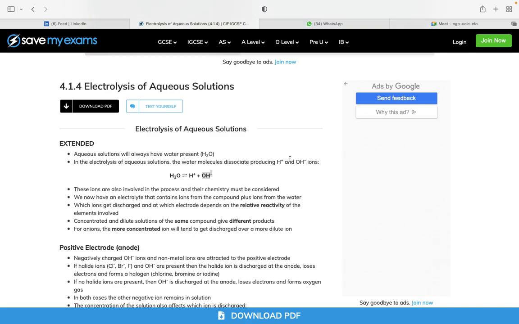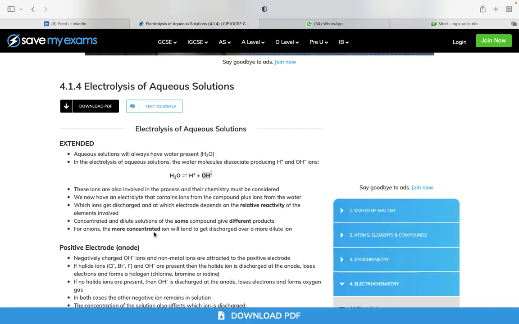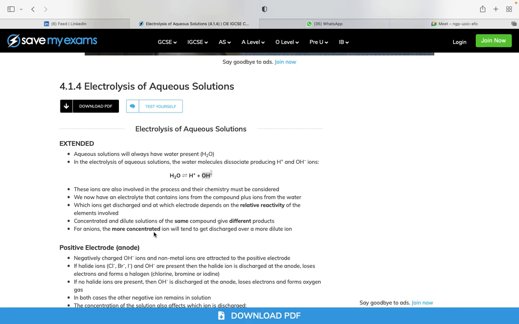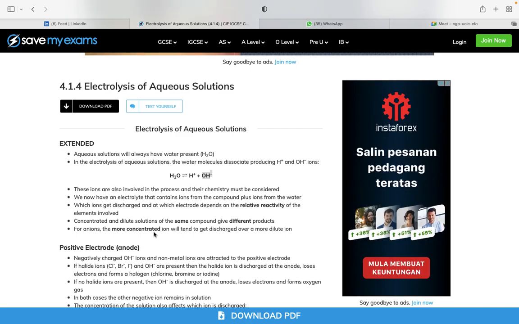Okay. Now we also try to figure out which ions get discharged and at which electrodes, which depends on the relative reactivity of the elements involved. We find out which ions will migrate to the cathode and which one will migrate to the anode. That's the next concept you need to know.